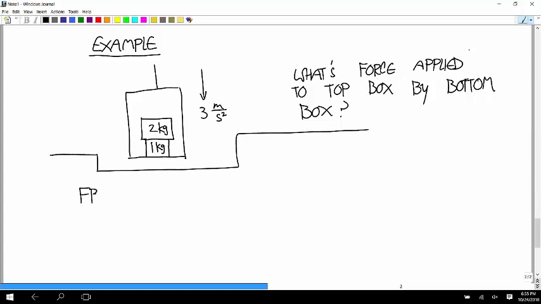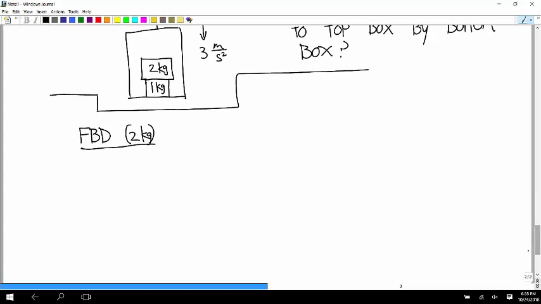So I'm going to do a free body diagram of the 2 kilogram box. So there's the outline. And there's a weight force going down of 2 times 9.81, so 19.62.